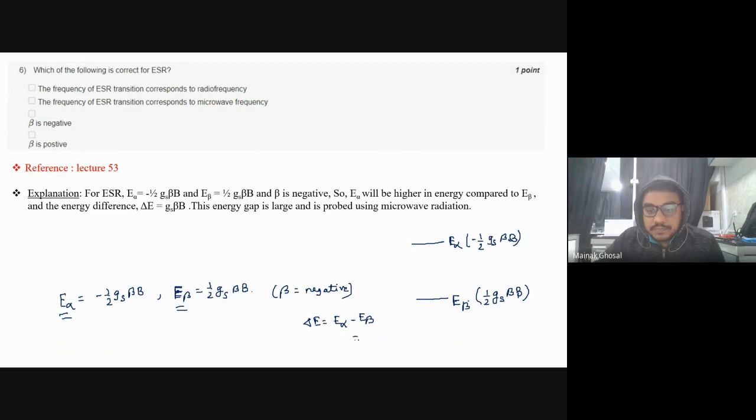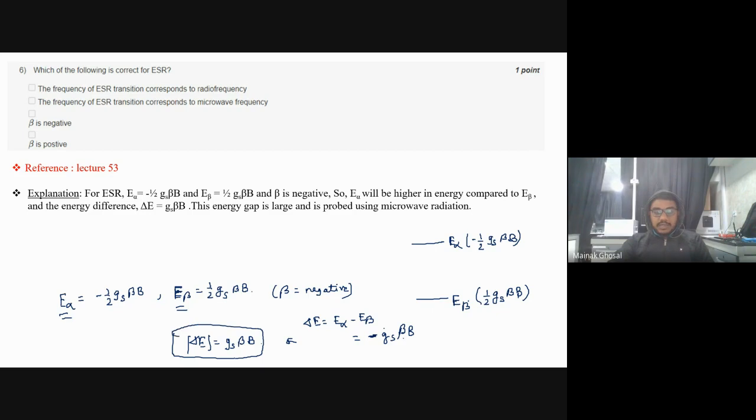Okay, so minus half minus half Gs beta B. So half and half will give 1, and there is a minus sign because alpha is negative, and since beta is negative, this part will be positive. So in this way, for delta E, in terms of mod value, this value is Gs beta B.